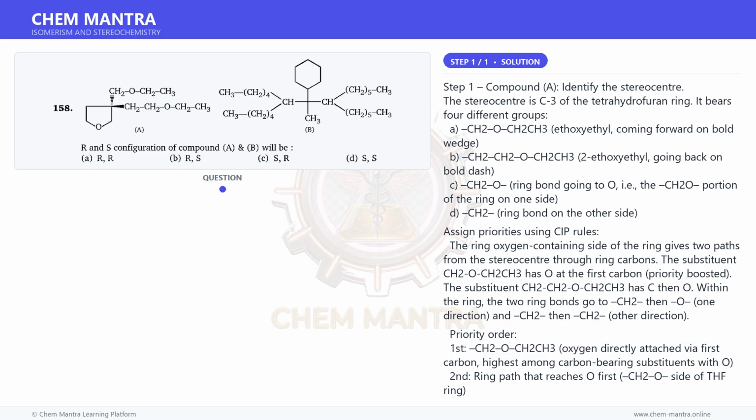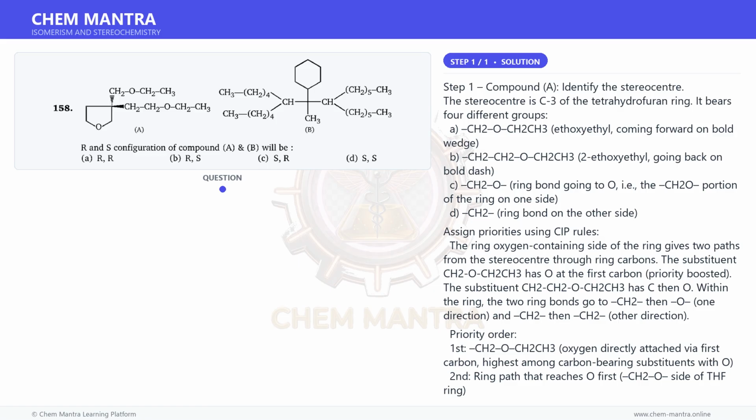Tiebreak goes deeper. Hexyl has more carbons so higher priority than pentyl. Fourth, CH3, lowest, only Hs beyond. Priority: 1 cyclohexyl, 2 CH(hexyl)2, 3 CH(pentyl)2, 4 CH3.